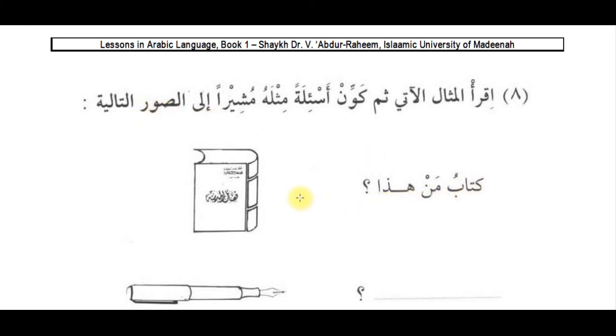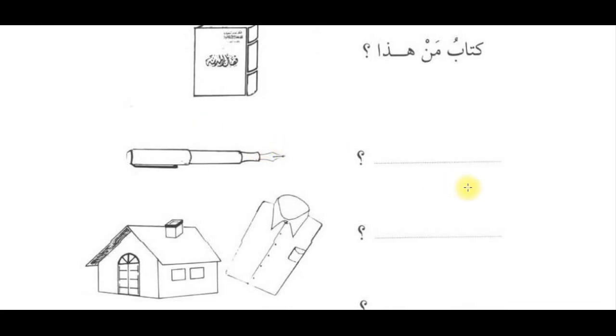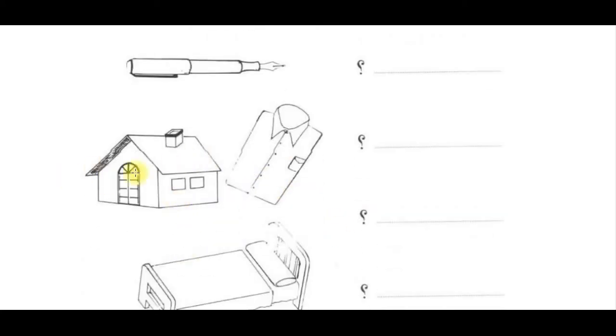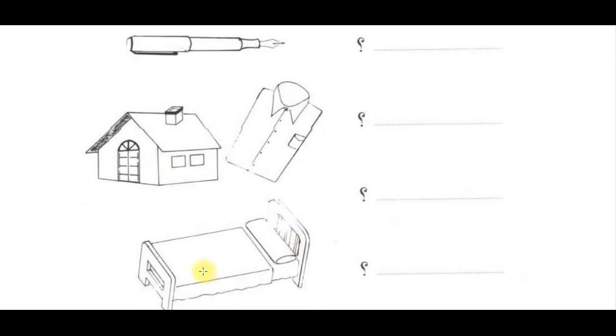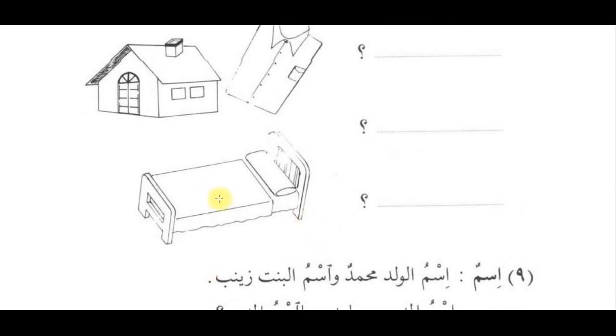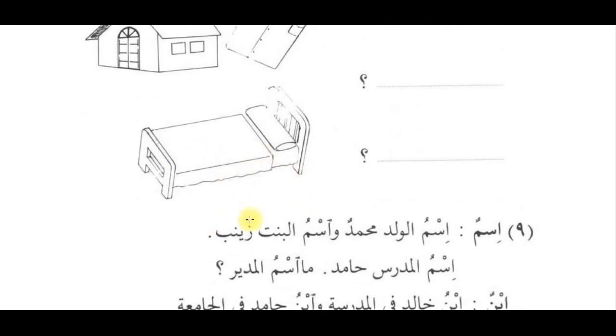Kitab man hadha, whose book is this? Qalam man hadha, whose pen is this? Qamis man hadha, whose shirt is this? Bayt man hadha, whose house is this? Sarir man hadha, whose bed is this?